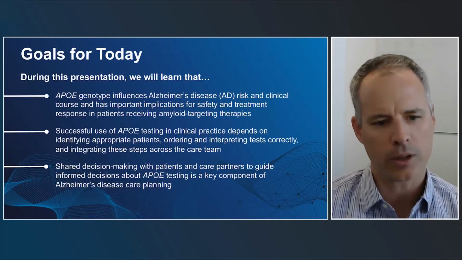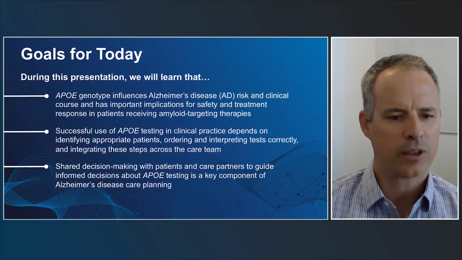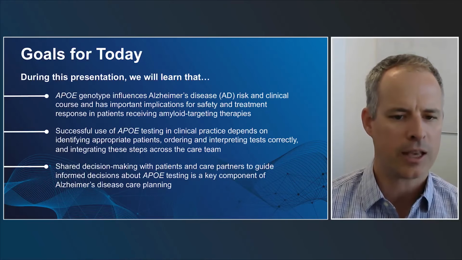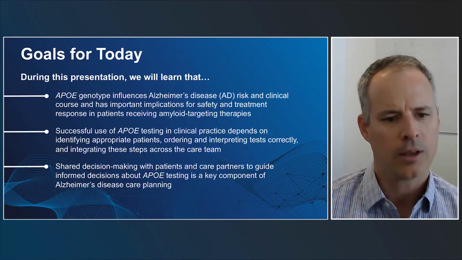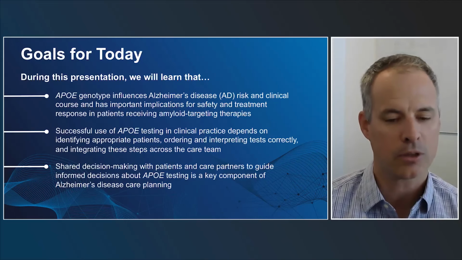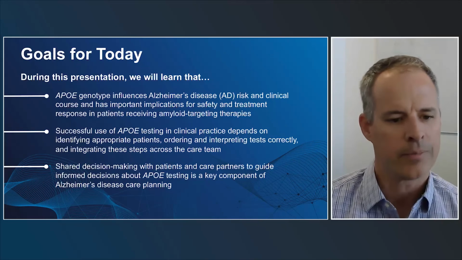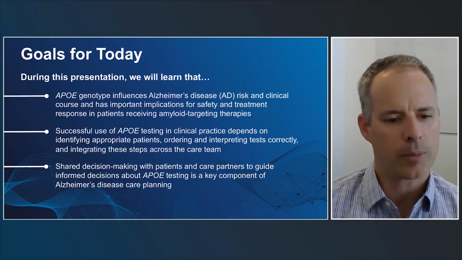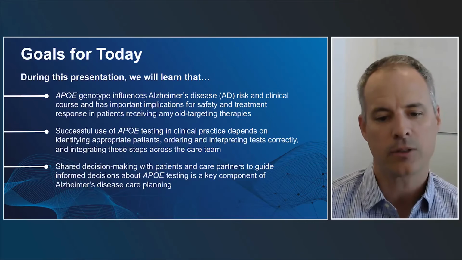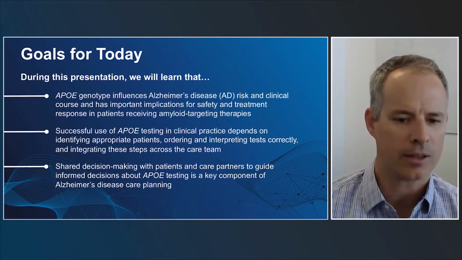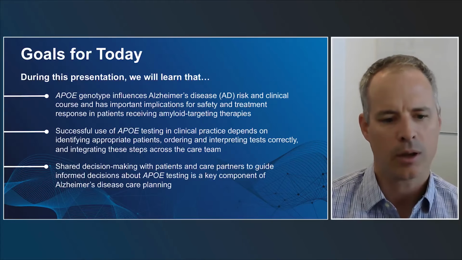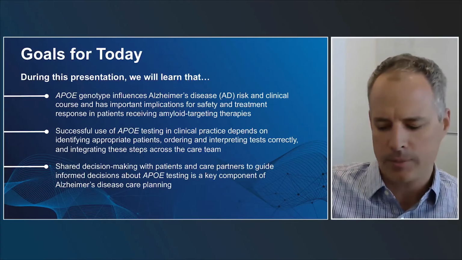The second goal is to understand the successful use of APOE genetic testing in clinical practice, and how this depends on identifying appropriate patients, ordering the appropriate tests, and interpreting the tests appropriately. And finally, we'll talk about shared decision-making with patients and care partners to guide informed decisions about APOE testing as a key component of Alzheimer's disease care planning.